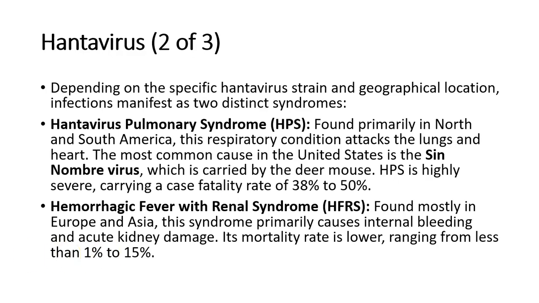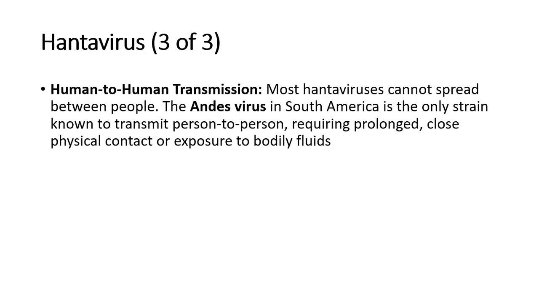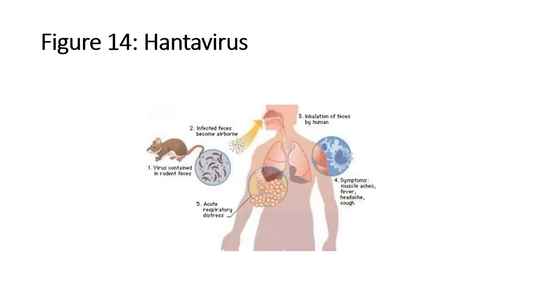They're not the field mice; they're the little deer mice. All right, so the virus is contained in the rodent feces and urine, and you breathe that in because you're out there cleaning or doing something, and then you start to get the symptoms and you get acute respiratory distress.